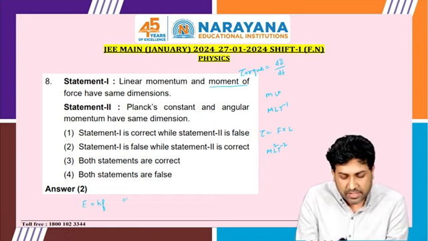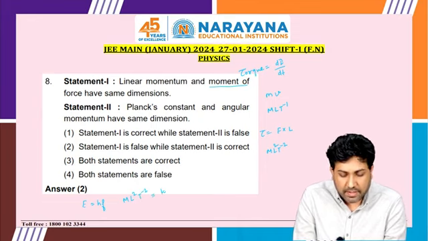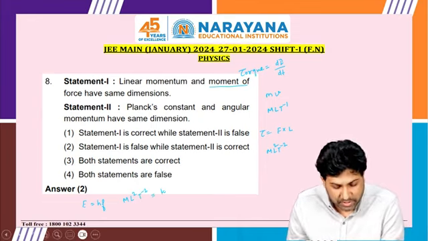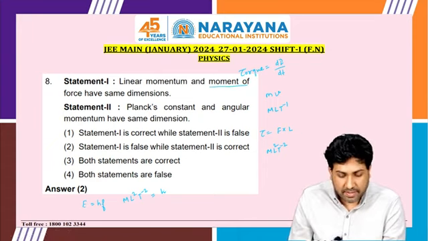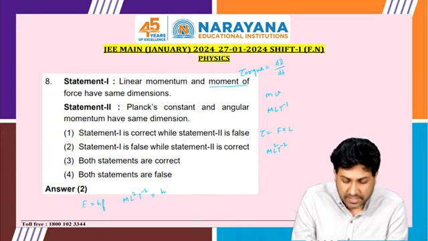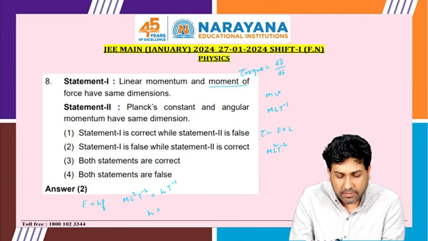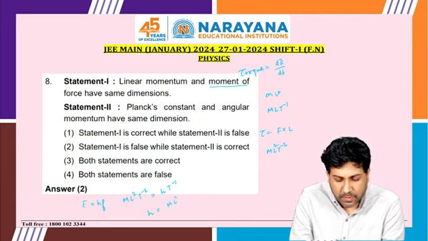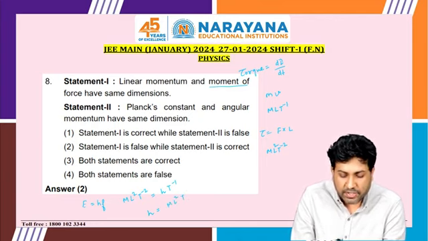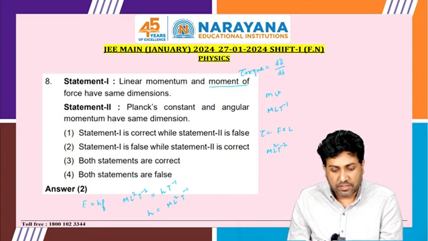The dimension of energy is ML^2T^-2, the dimension of frequency is T^-1. So the dimension of Planck's constant will be ML^2T^-2 into T, which is ML^2T^-1. So this is the dimension of Planck's constant.